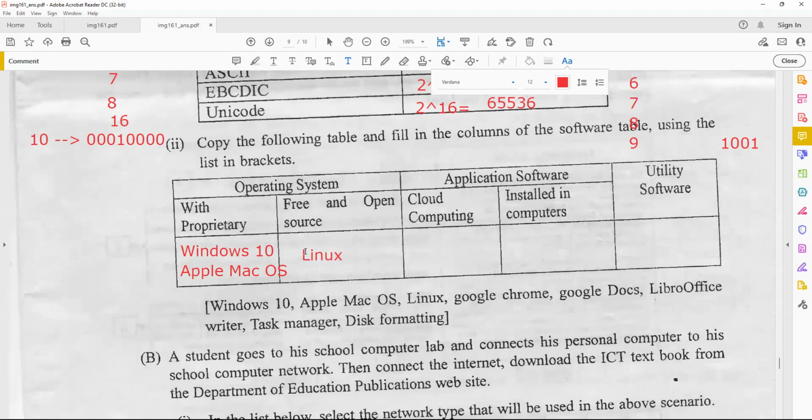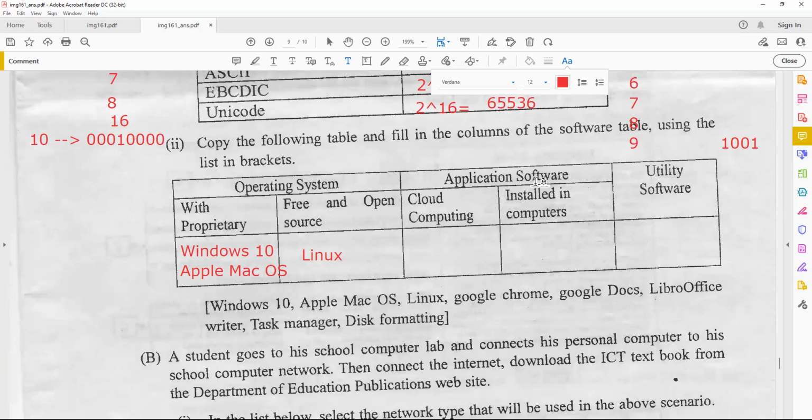Yes, and there are distributions. Ubuntu is one of the distributions. Distributions means you use the kernel, which is the main software module, and you use a Linux kernel plus other software. You make a distribution. So Ubuntu is a distribution actually. Hantan OS is a distribution.